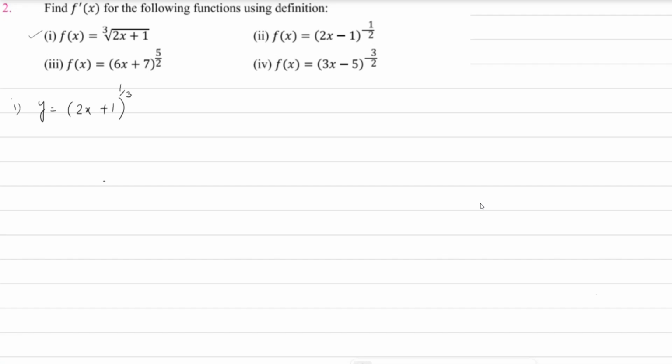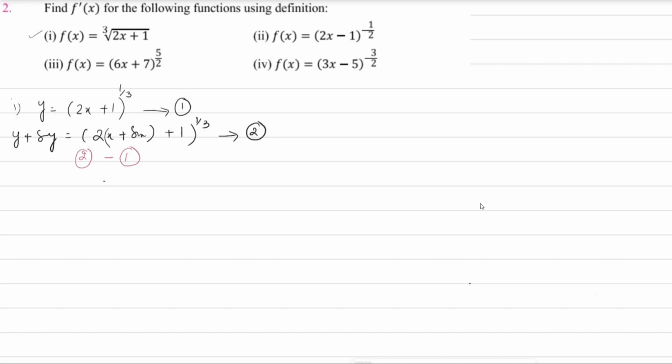Fine. So this is equation 1, and now y plus delta y is equal to 2x plus delta x plus 1 whole raised to the power 1 upon 3. This is equation 2. Right now we are going to subtract equation 1 from equation 2.